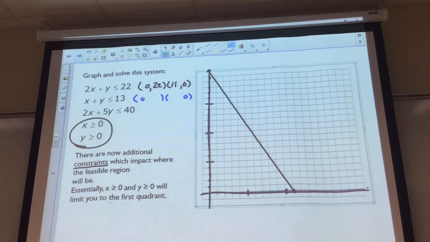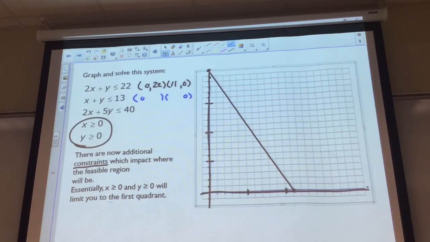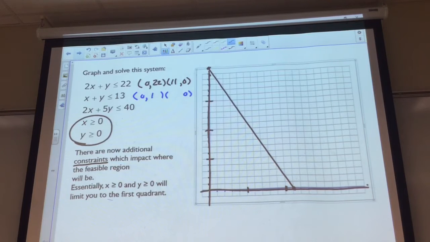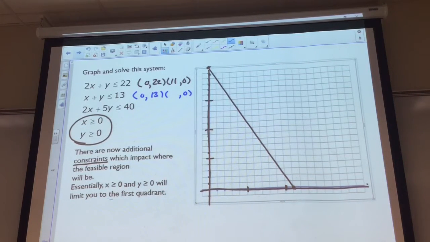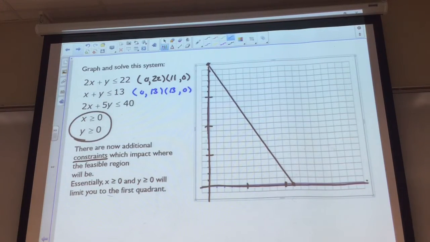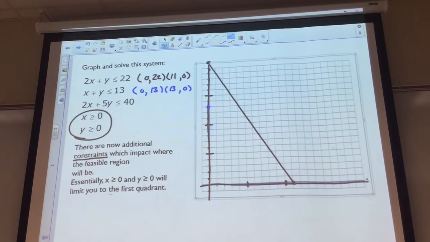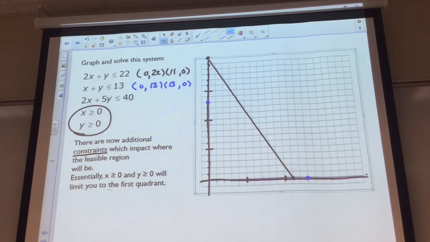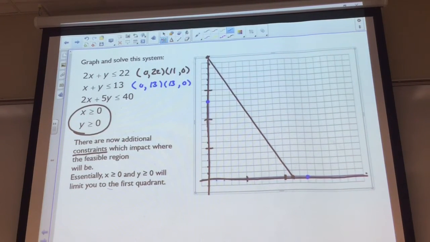What happens if y is 0? If x is 0, 13. Y does all the work. If y is 0, x does all the work. So now I need 13. And I need 13. So here's my second line.